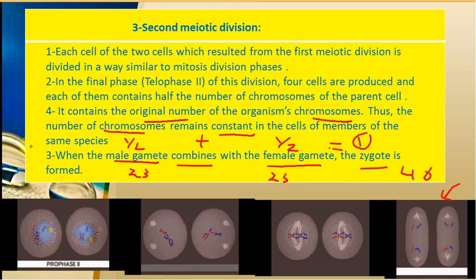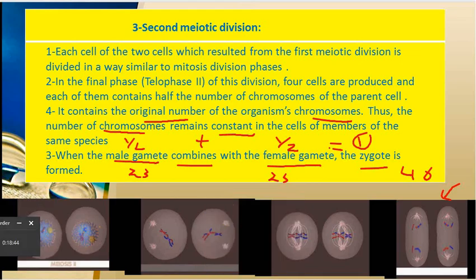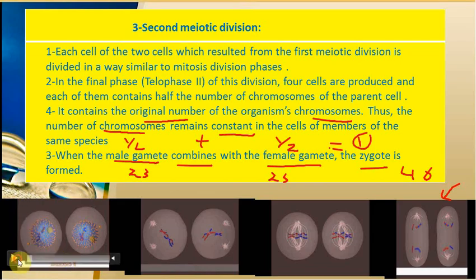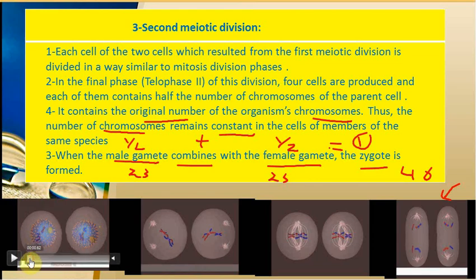This is prophase 2. The nuclear membrane disappears, the nucleolus disappears, and the spindle fibers appear.